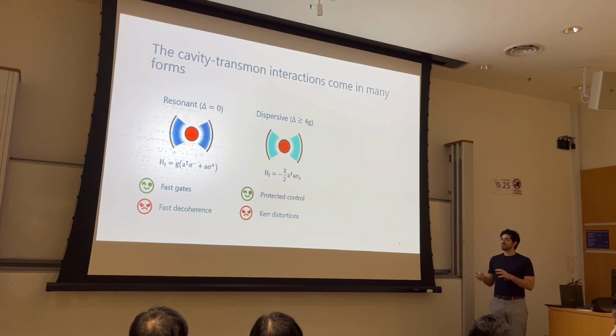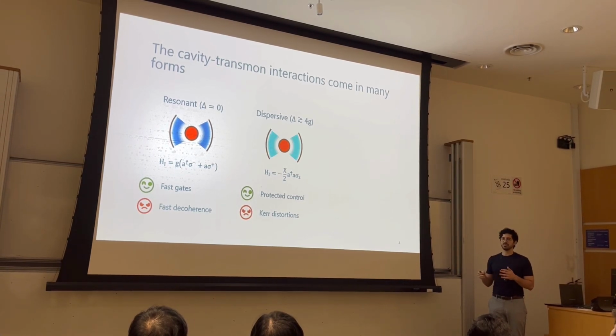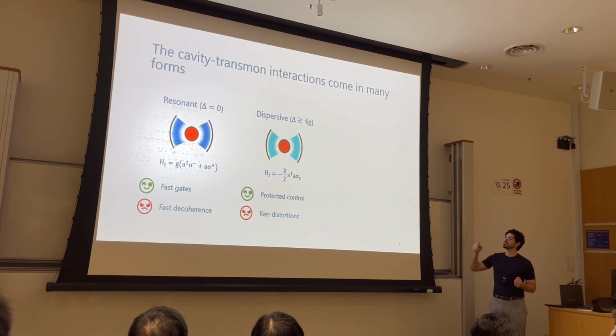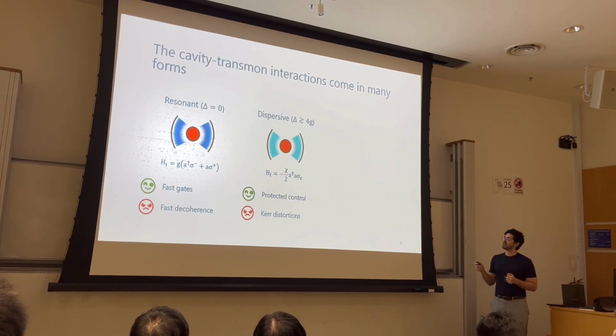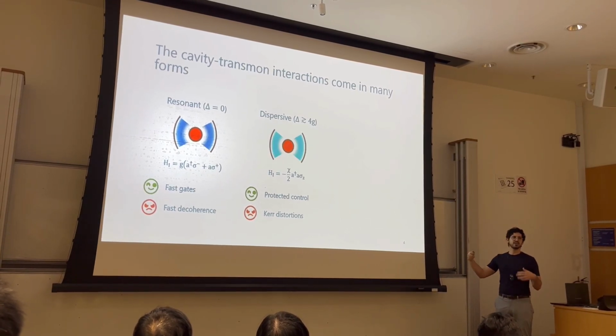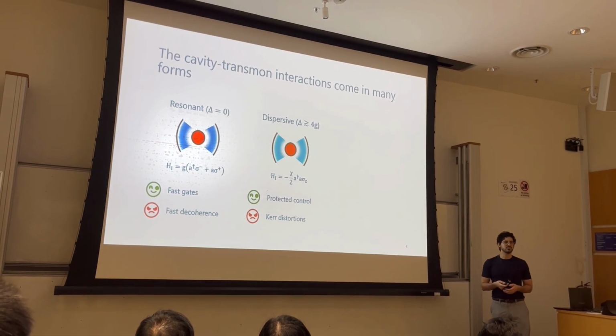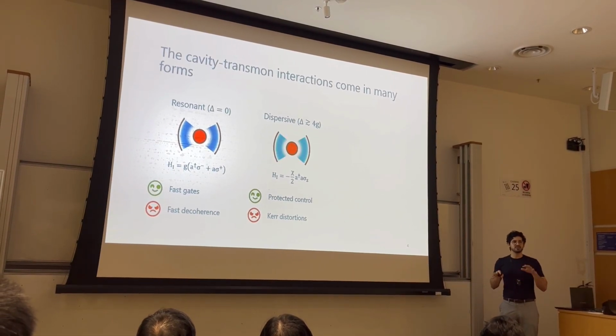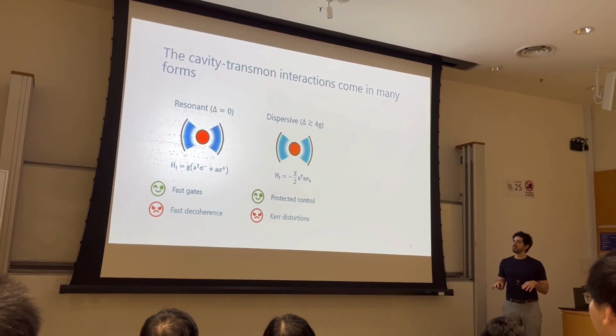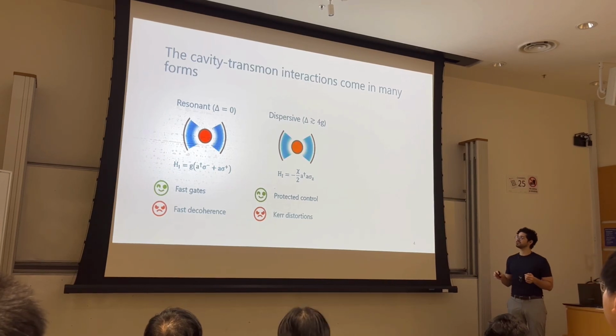But even though it's really good and very useful, there are still some problems, specifically when you go to high order corrections of the interaction, where cross-Kerr nonlinearities start to show up in the system, which are often a limiting factor in protocols. So there's a lot of research to keep the Kerr nonlinearity down and just get the nice part, which is the control.